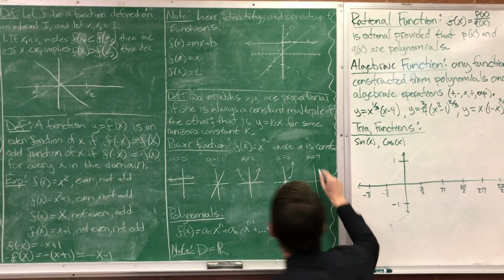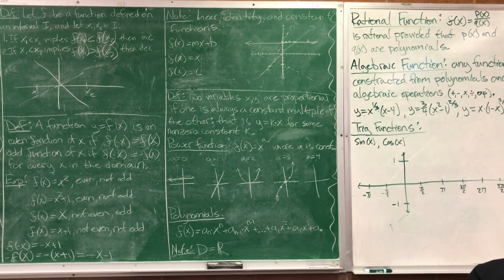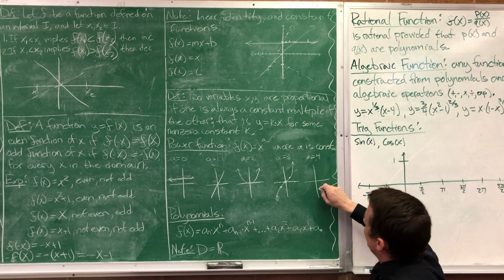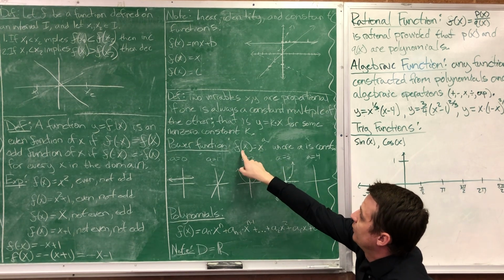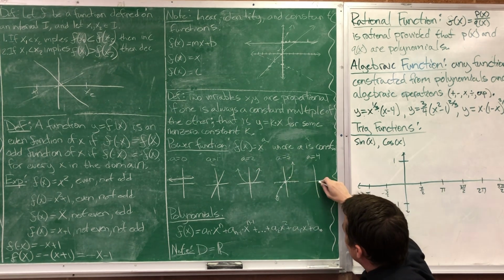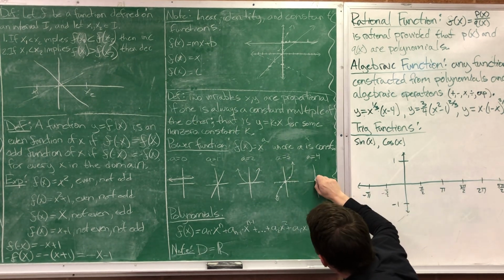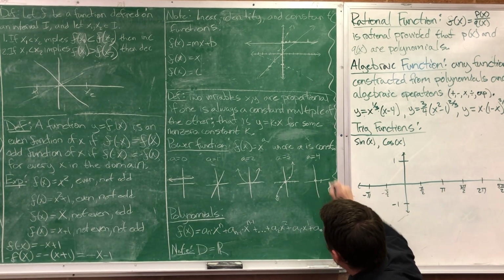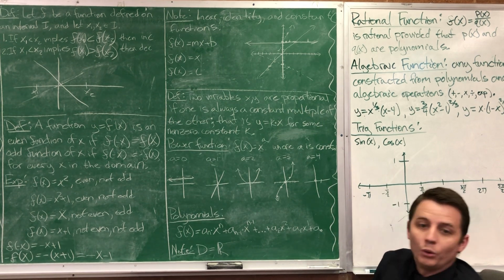Okay, and then a to the 4. Let's try briefly graphing this one. When I plug in 0 to x to the power 4, 0 to the power 4 is 0. 1 to the power of 4 is 1.